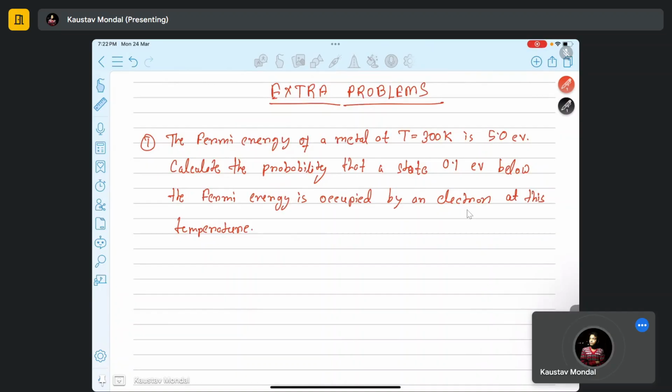So basically the Fermi energy value is given here, 5 electron volt. Now we have to calculate at this temperature the probability of an electron occupying the state that is 0.1 electron volt below the Fermi level.